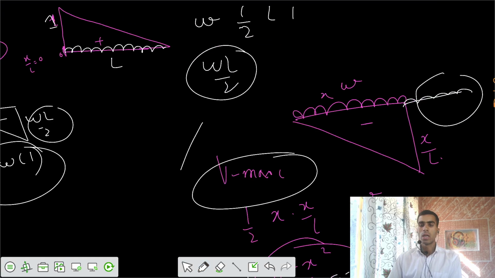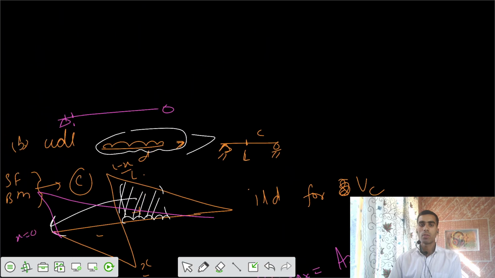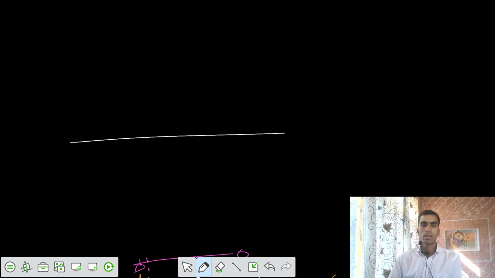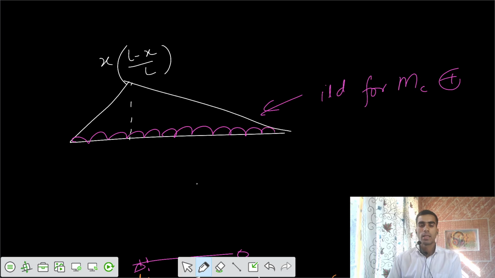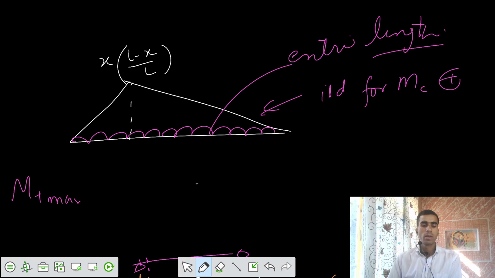Now if I talk about bending moment at section C, this is some x value into L minus x divided by L, AB by L. Because the entire ILD for bending moment at C is positive, I would place the UDL for the entire length, because all is positive, so I can get the positive maximum M at the section C. That would equal the area under the UDL.